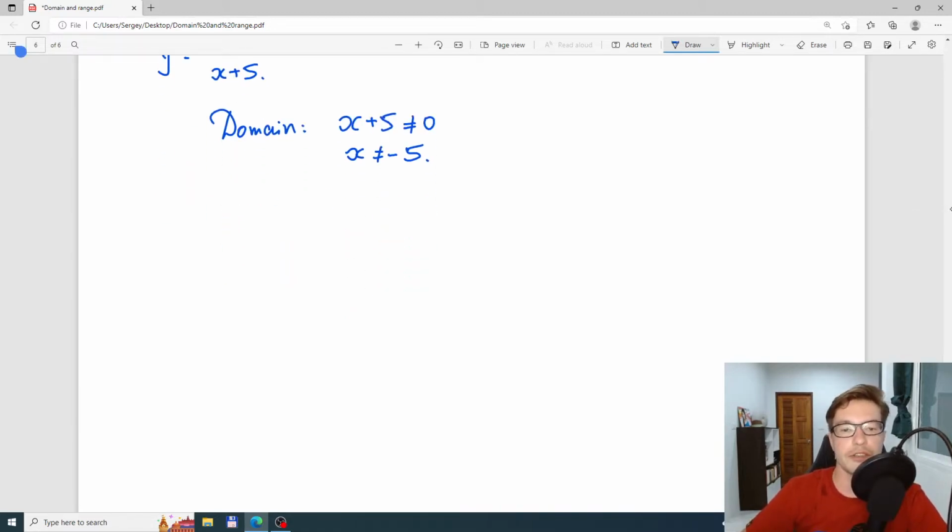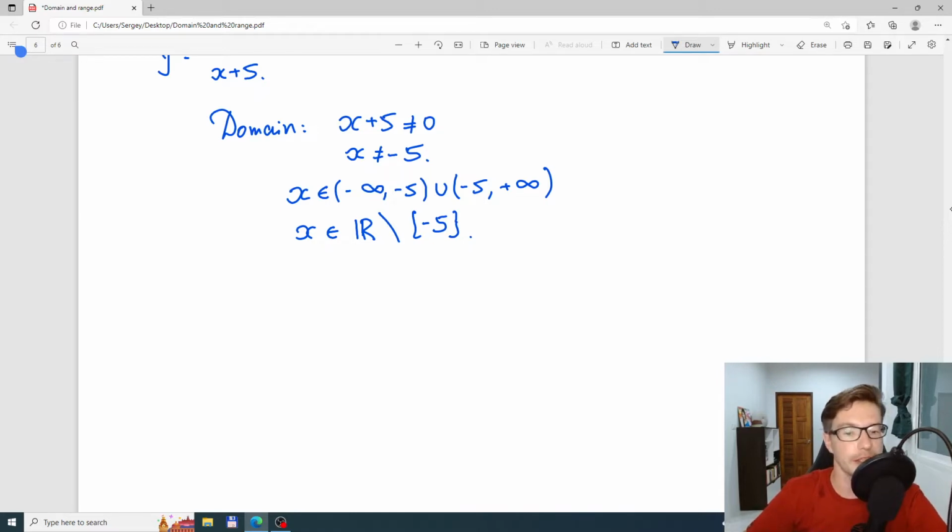We can write it as x not equal to -5, or we can write it as x is from -infinity to -5, union -5 to infinity. I'm going to use the round bracket to show that I'm not including -5 into my domain. Or you could write it as x is any real number except -5. So 3 ways to write it.